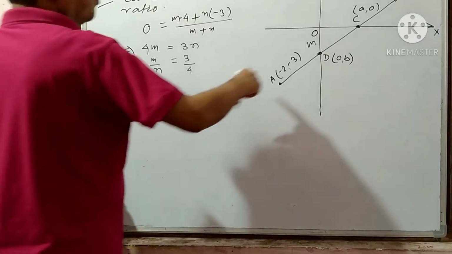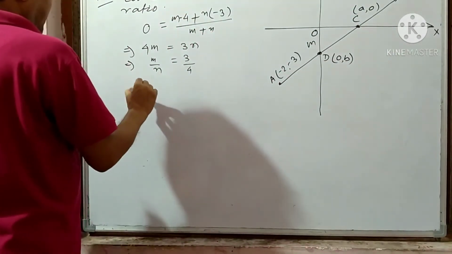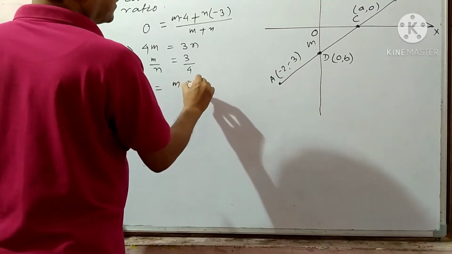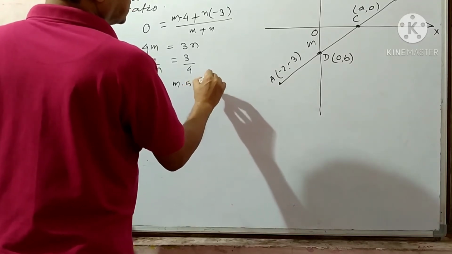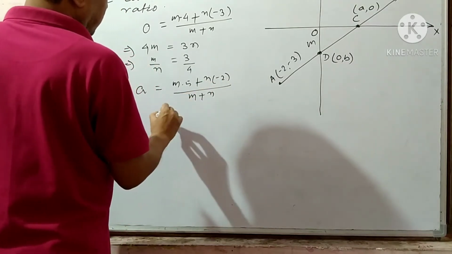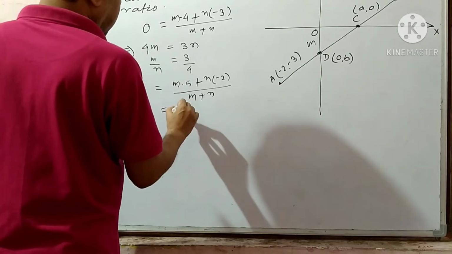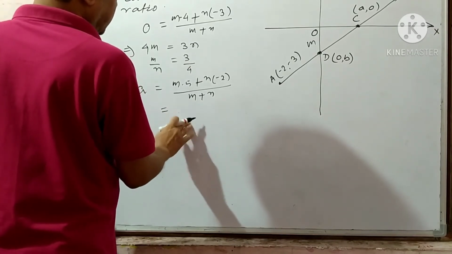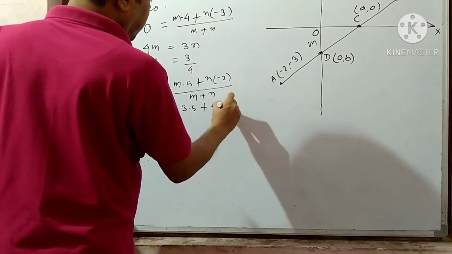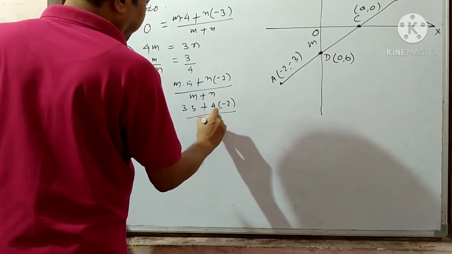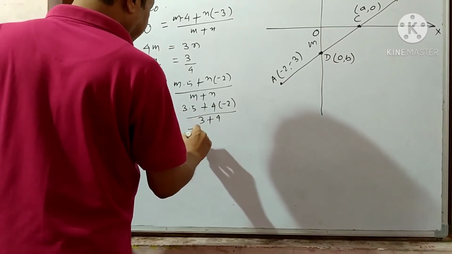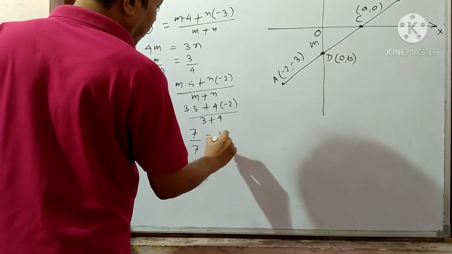And using this ratio we can find out a now, the x coordinate, that is (m into 5 plus n into -2) divided by (m plus n), which is (3 into 5 plus 4 into -2) divided by (3 plus 4), which is 7 by 7, that is 1.